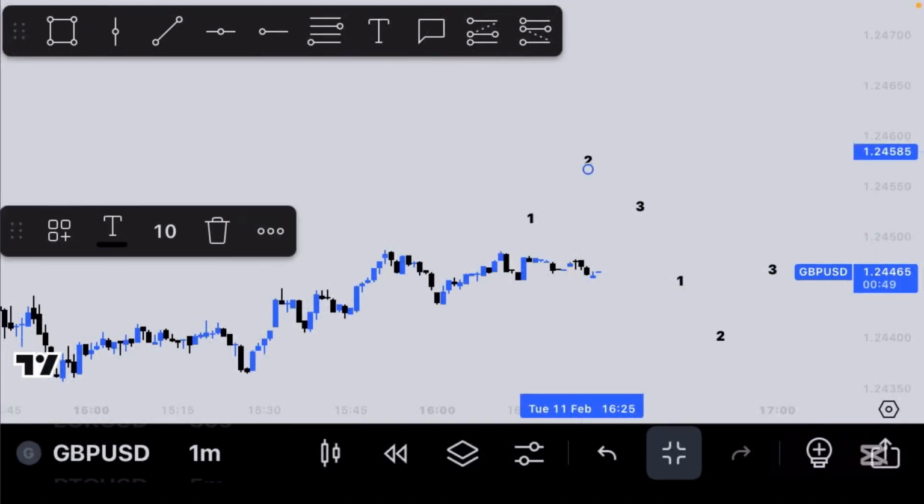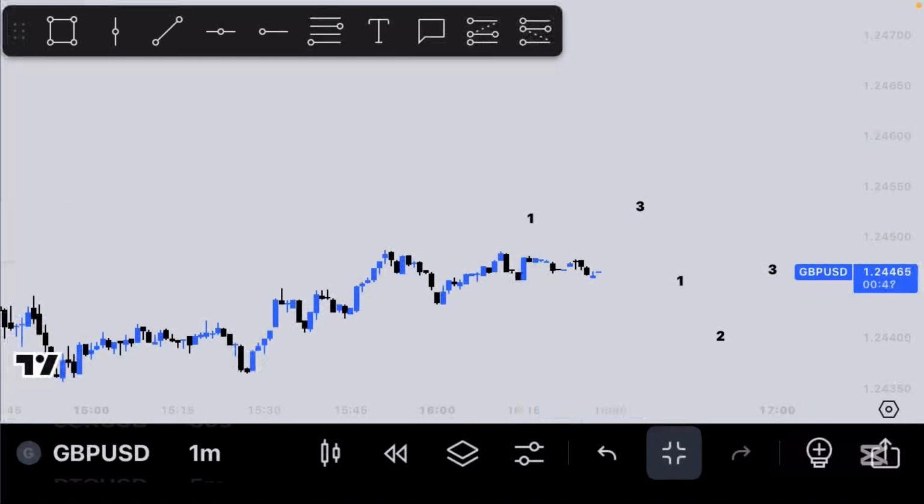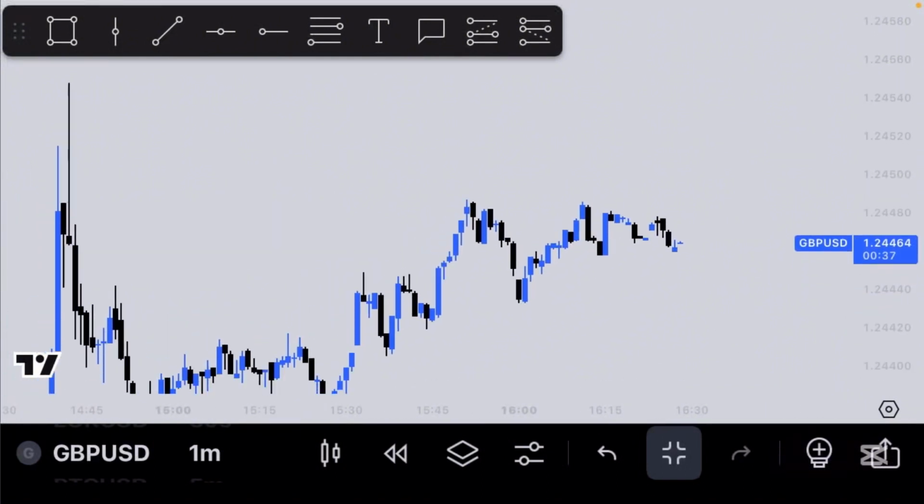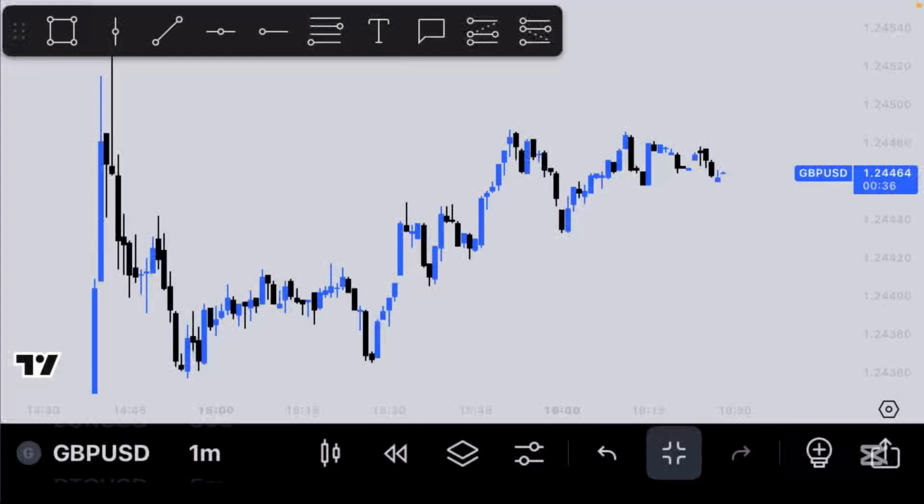So the module I will be teaching you in my subsequent videos will help you figure out how you can take your buy and sell in the market, how you can trust it, how you can see that, okay, this model works 70, 80 or 90%.